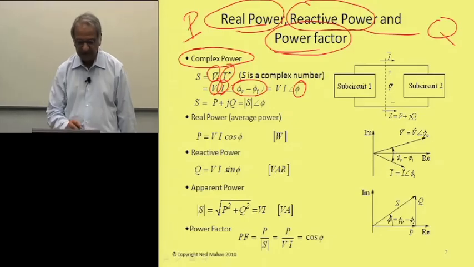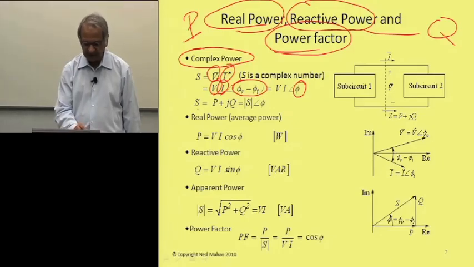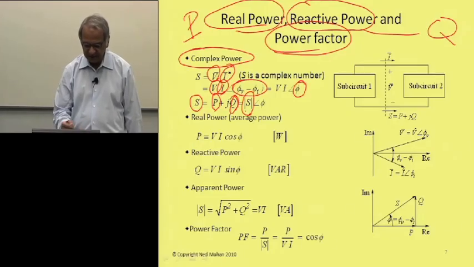You can see that the complex power would have a real term, which we'll call the real power, and an imaginary term, which we'll call Q. And of course, it has a magnitude, which we'll call apparent power, as we'll see later on.